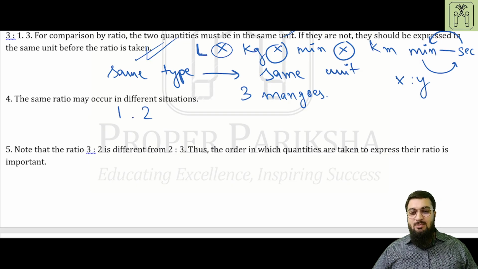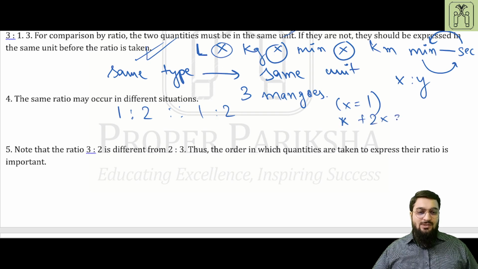So mangoes will be distributed to boys and girls in the ratio of 1 is to 2, where x is equal to 1. So when you say 1x, that is x plus 2x is equal to 3, you will get the value of x is equal to 1, and you will replace that and you will get 1 is to 2.